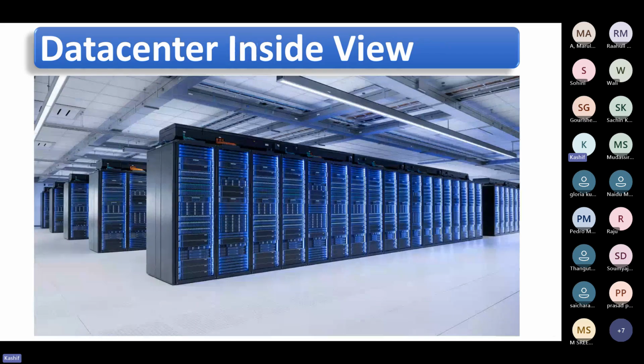Let me take you to the inside view of the data center. Inside, you will have containers like this. Inside these containers, you have racks. These are the racks where high configured servers are located, and Intune services are running here.